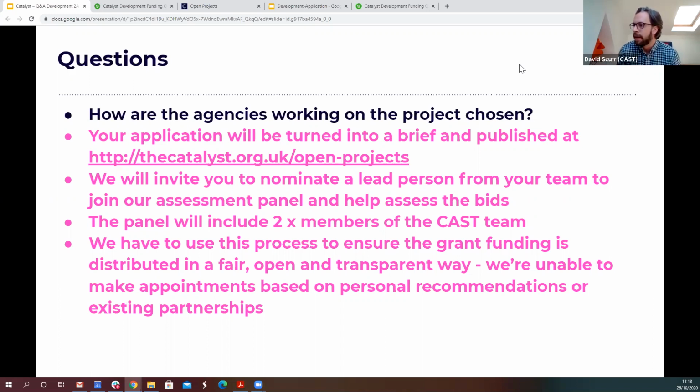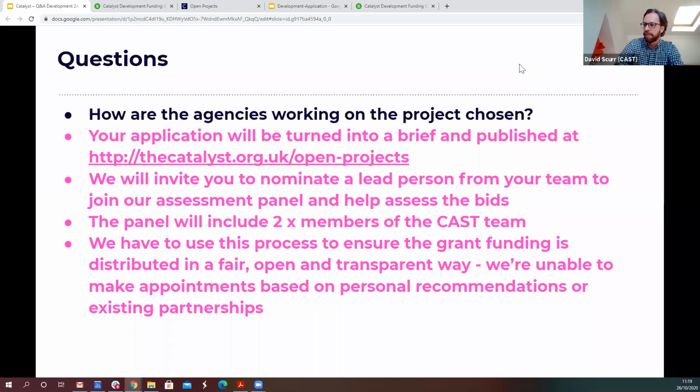We will then invite you to nominate a lead person from your team to join our assessment panel and help assess the bids. So the bids that are coming through the open procurement process, and the panel will include 2 members of the CAST team. And we have to use this process to ensure the grant funding is distributed in a fair, open and transparent way.